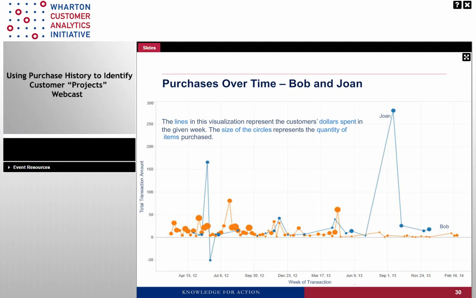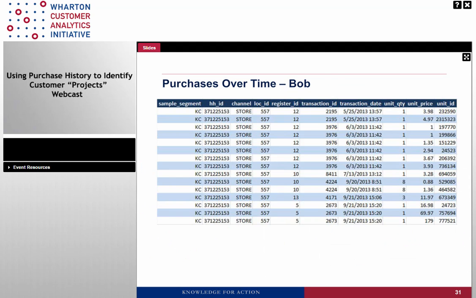Now you might be saying, well, what does this data actually look like? So here's an example of Bob's purchases. These are not all of Bob's purchases, but it is some of them. And so you can see that he's in the known consumer segment. We see the ID. We see what channel he was in.